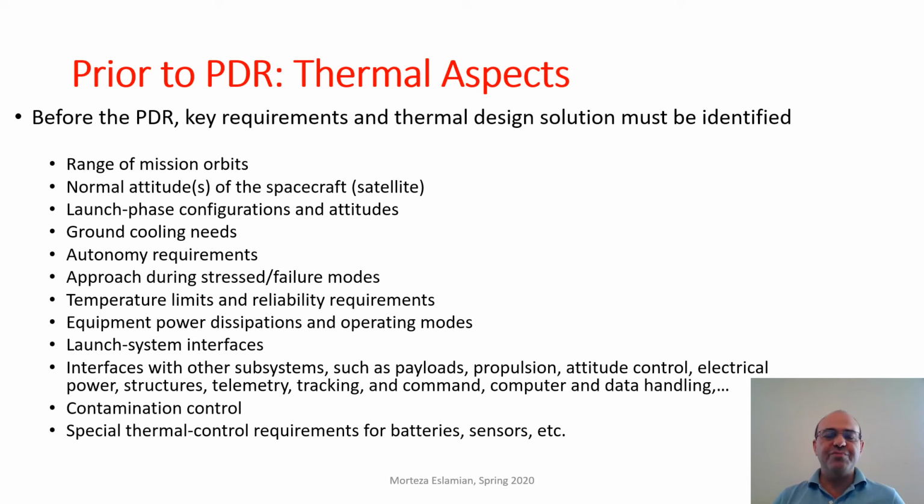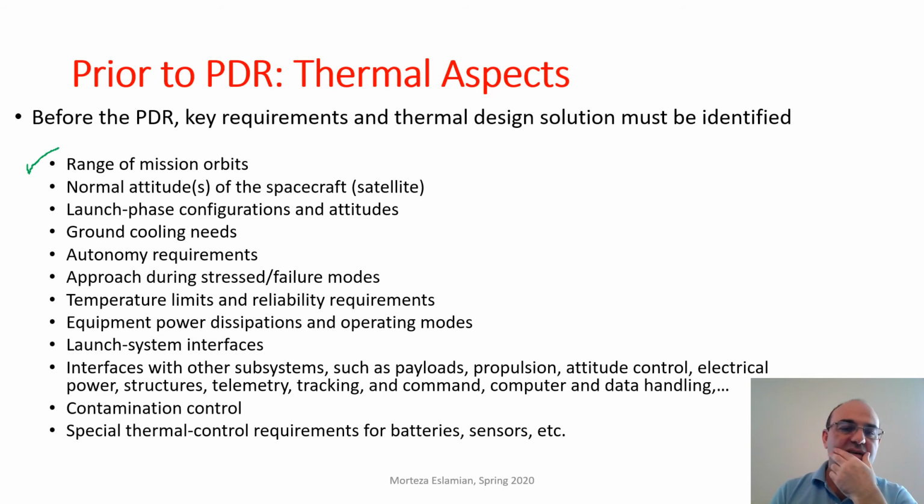So prior to PDR, the preliminary design review, if you want to look at the thermal aspects, these are the key requirements, and the thermal design solution must be identified before the PDR. First, the range of the mission orbits.